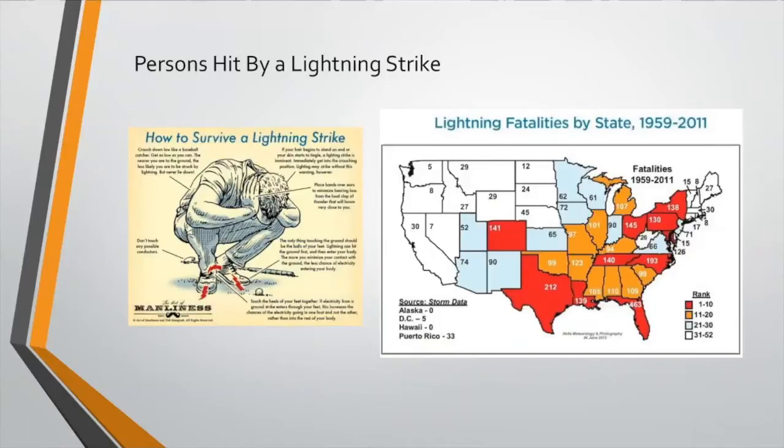A direct strike, which is how most people think strikes occur, is not very common. It doesn't happen very often. Of course, it can happen, but not very often. As well as contact strikes.